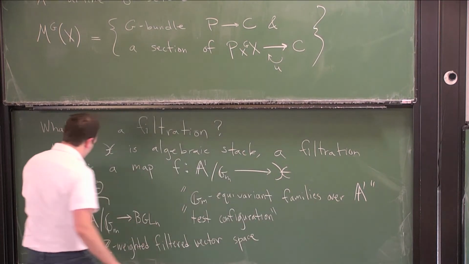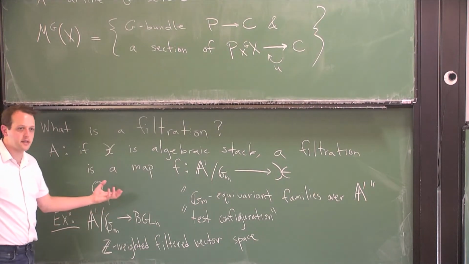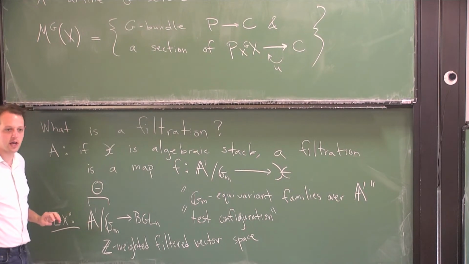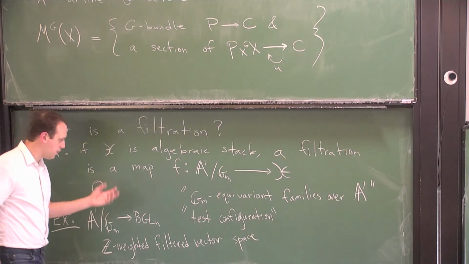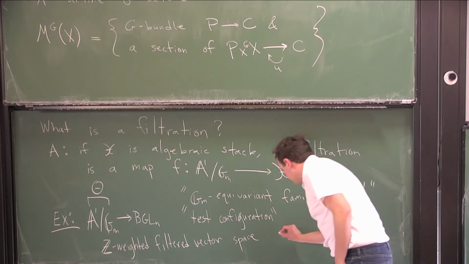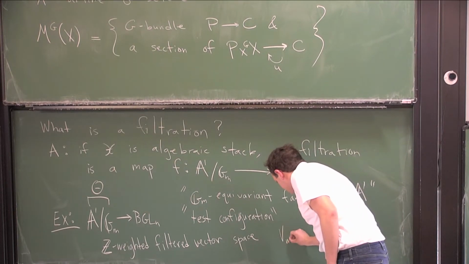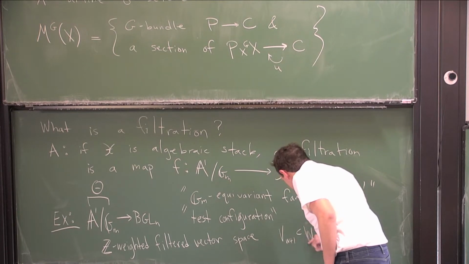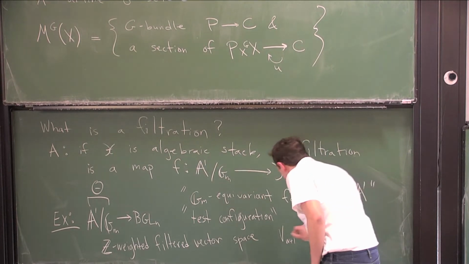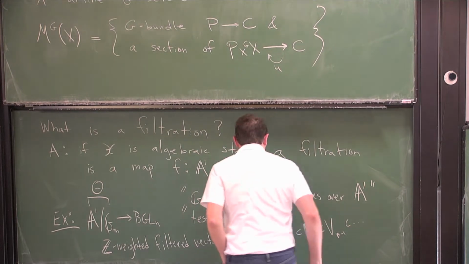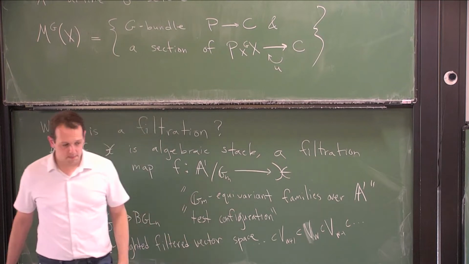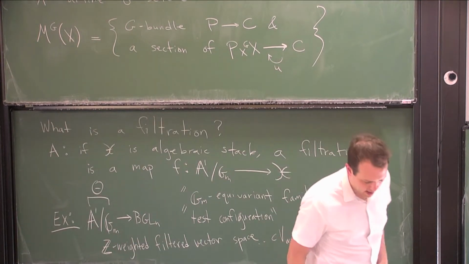So a map from A1 mod G_m to BGL_n: BGL_n is the algebraic stack that parameterizes locally free sheaves. So it's asking what is a locally free sheaf on A1 mod G_m, and there's a Rees correspondence. This is the same thing as just a filtered vector space. What I mean by Z-weighted is a finite dimensional filtered vector space, so there are finitely many jumps, but it's weighted by integers.